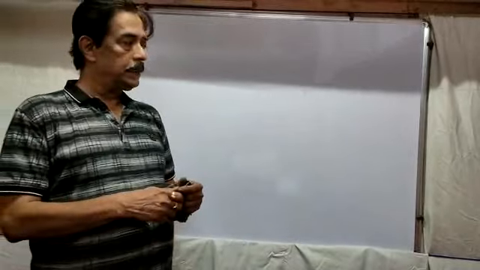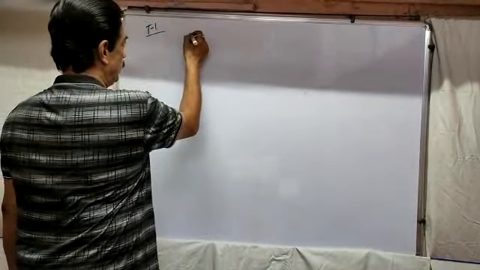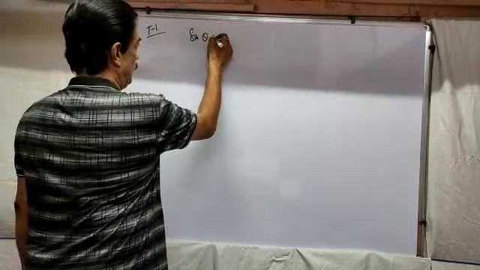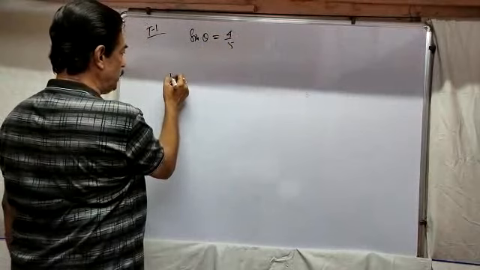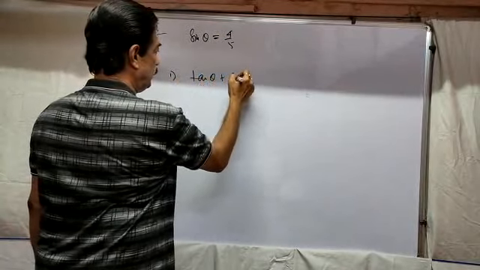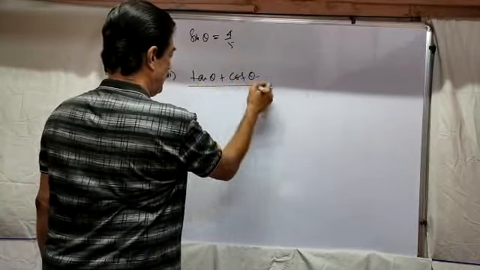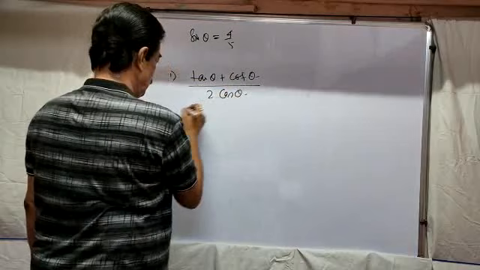Now we are giving an example. What are the types you are going to face? Type 1. Let us consider they are giving sin theta equal to 4 by 5, and they can ask any question. Question number 1, what is the value of tan theta plus cot theta by 2 cos theta?